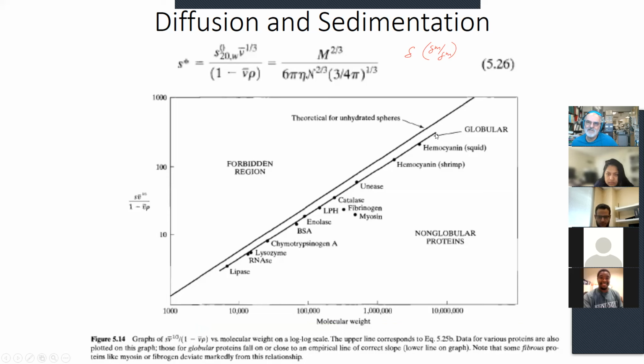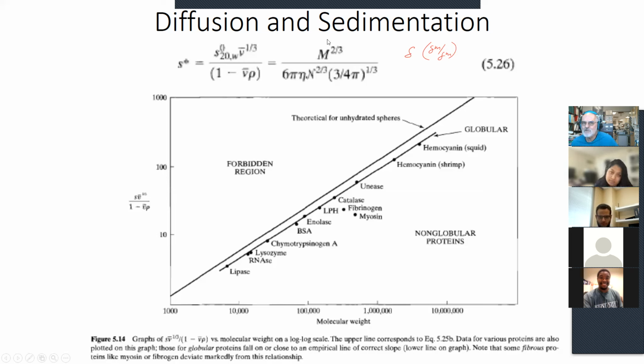What that means is that all of these molecules are globular and have approximately a spherical shape corrected for water. It's not entirely true. You can see some molecules fall off the line a little bit more than others. There are exceptions, fibrinogen and myosin. Fibrinogen and myosin are rod-like, so not only do they have a correction for water, there's another correction that has to go in here for shape.